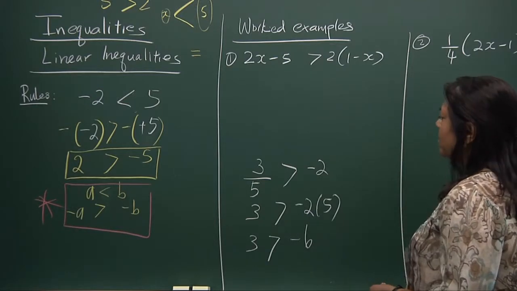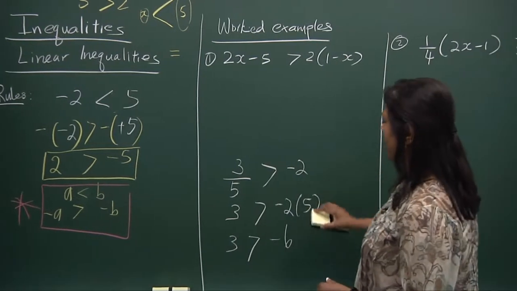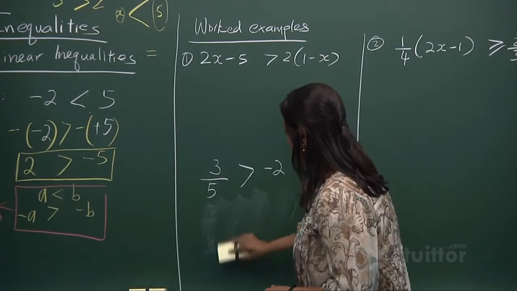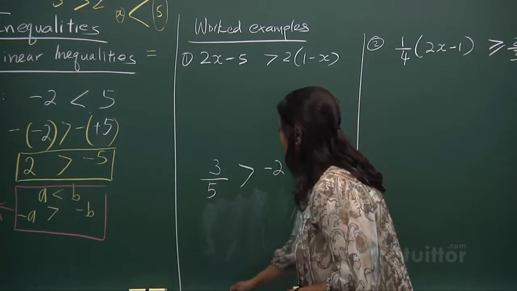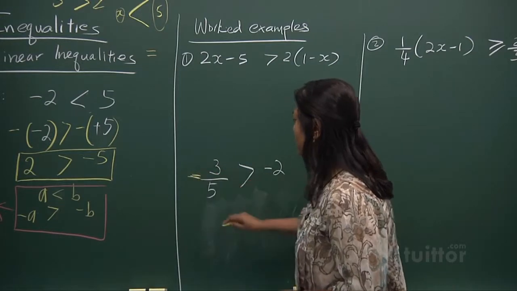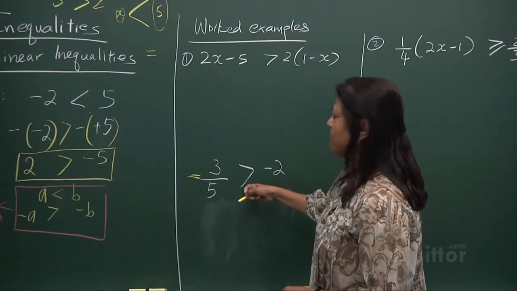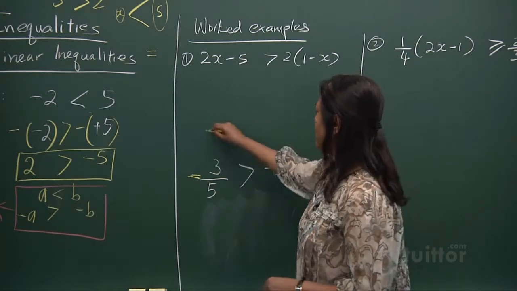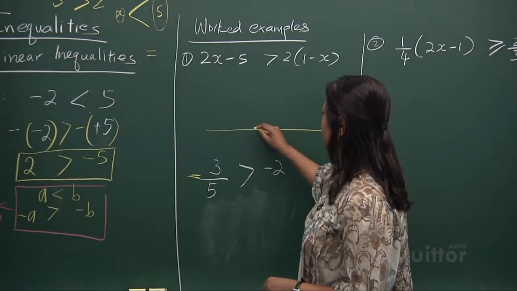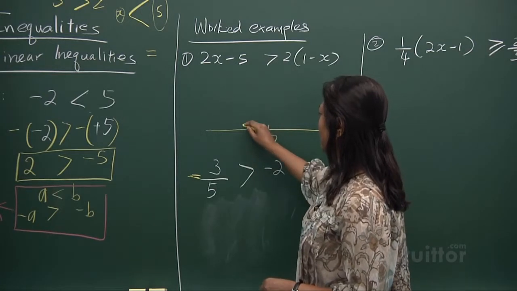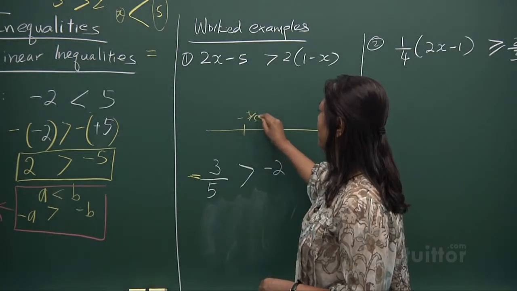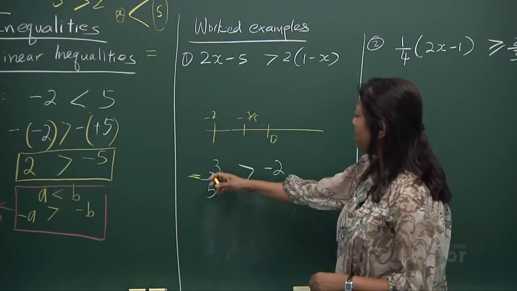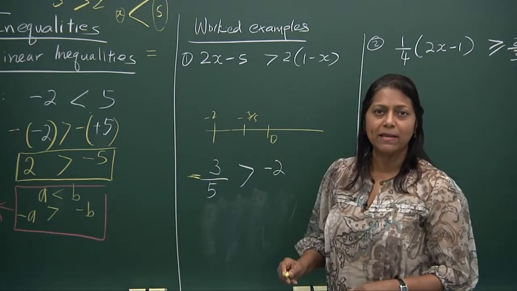Alright, fine. But what happens if I have something like this? If I have minus 3/5, which is bigger than minus 2. Do you agree with me? If you draw a number line, if this is your 0 and this is minus 3/5, minus 2 is further down. I multiply both sides with a minus.